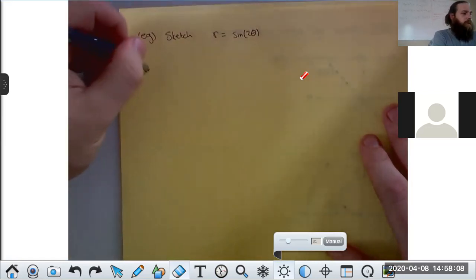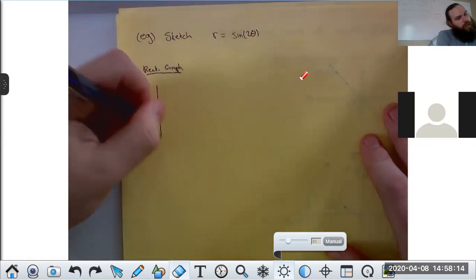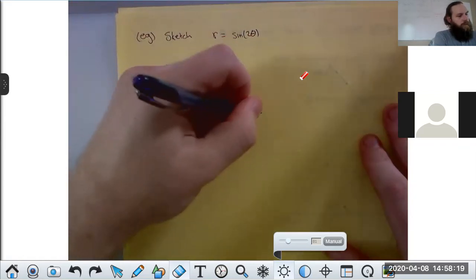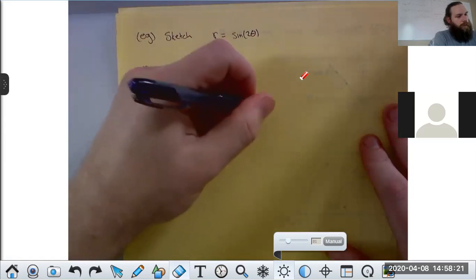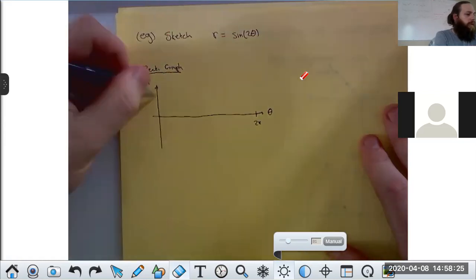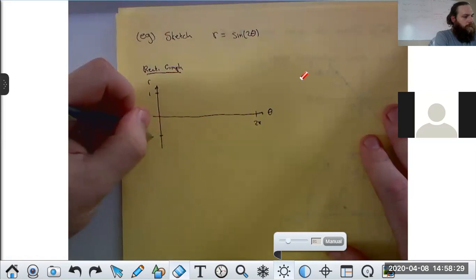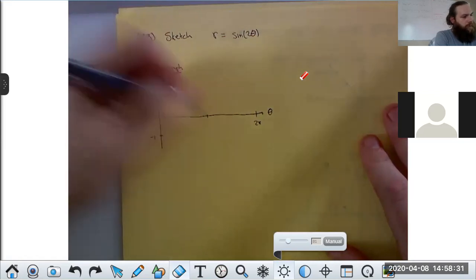So first I draw the rectangular graph. This is my theta axis. This is my r axis. Sine 2 theta is a sine wave of amplitude 1 and period pi.